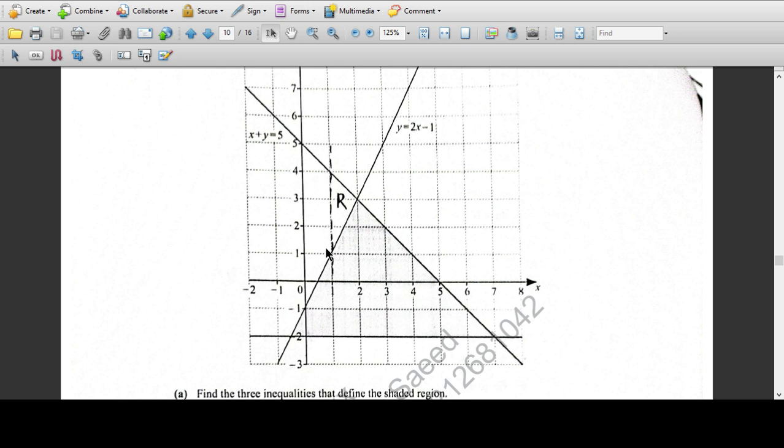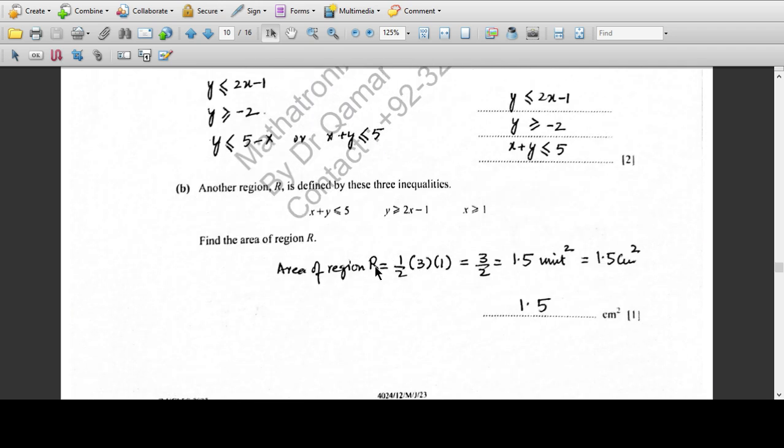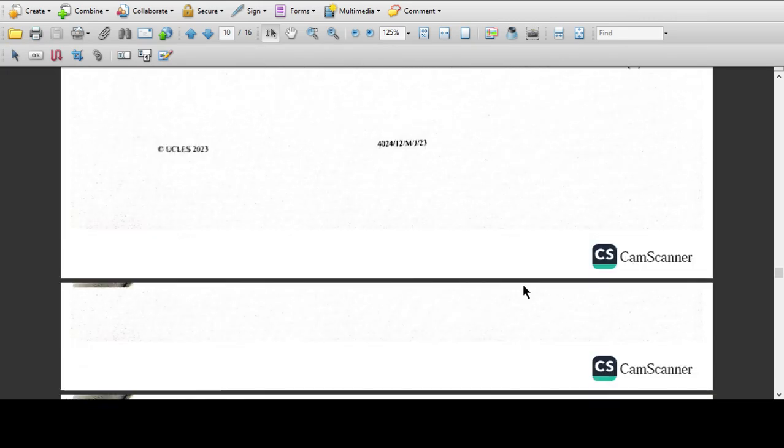The area is half times base times height, so half times 3 times 1, which is 3 upon 2, 1.5 centimeter square. So the answer is 1.5 centimeter square. This is question number 15, very important.